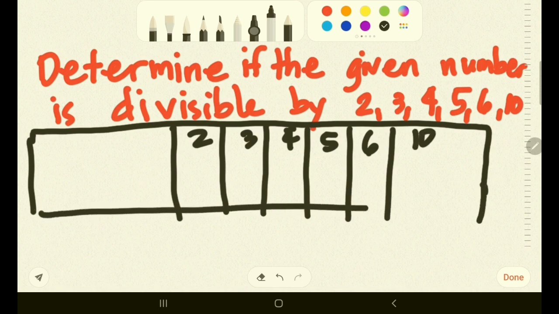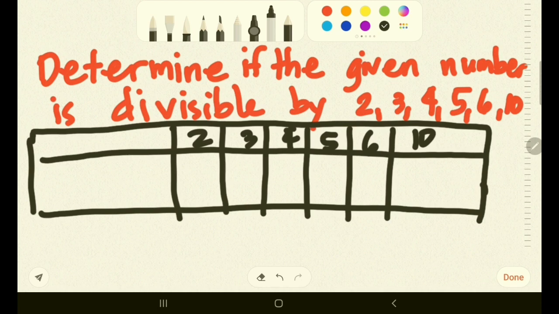Let us test if the given number is divisible by 2, 3, 4, 5, 6, and 10. Let's have here number 1, 120.